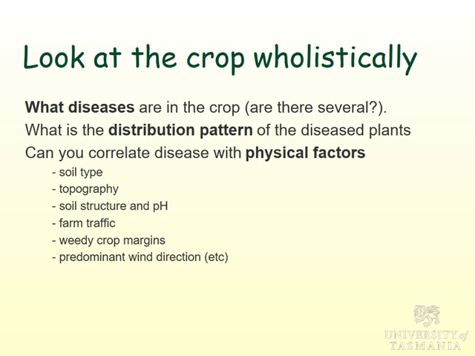Alternatively, you've got a field and you've got a big patch of disease in the middle of it. What might that suggest in terms of how it spreads? To me it suggests, and not guarantee, that it might be moving fairly slowly. It might be moving within the soil system. It's probably not airborne, because then it might go from there and spread all over the place.